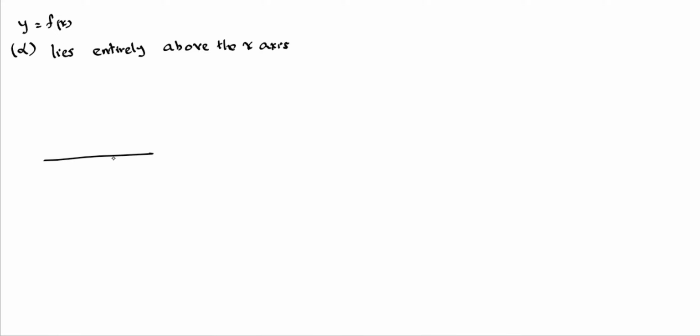If you consider the x-axis like this, okay, the graph is like this, lies entirely above the x-axis. Now, if you consider the graph is entirely above the x-axis, this point here is the minimum point, which means this minimum point also lies above the x-axis. Whatever lies above the x-axis, now here, if you consider below the x-axis, y is negative. Above the x-axis, y is positive.